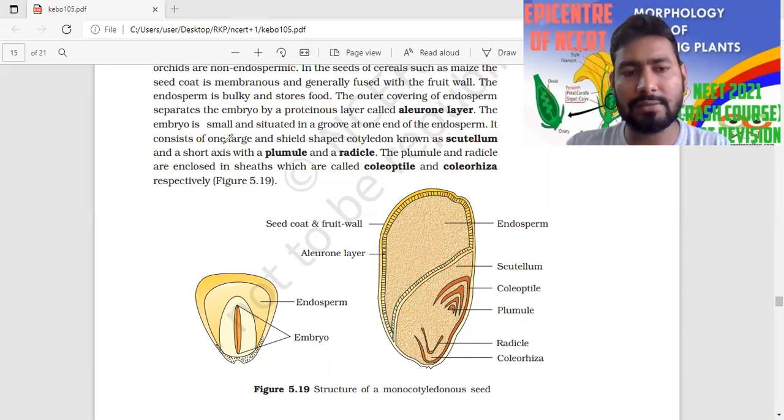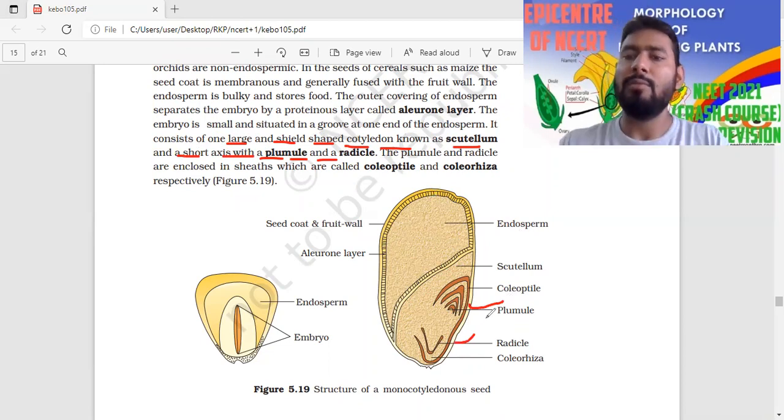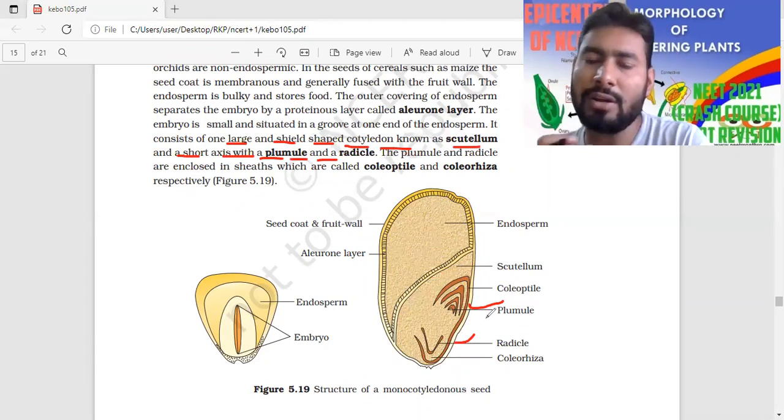In monocots, the embryo consists of one large shield-shaped cotyledon known as the scutellum, and a short axis with the plumule and radicle. The axis is very short, unlike in dicots.